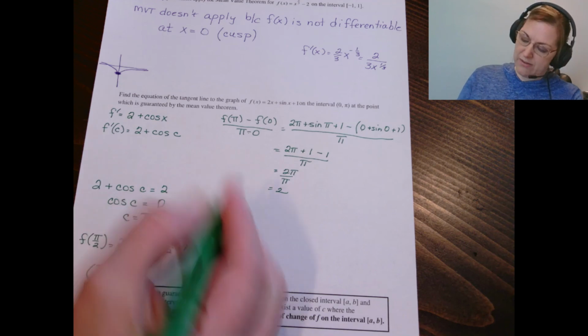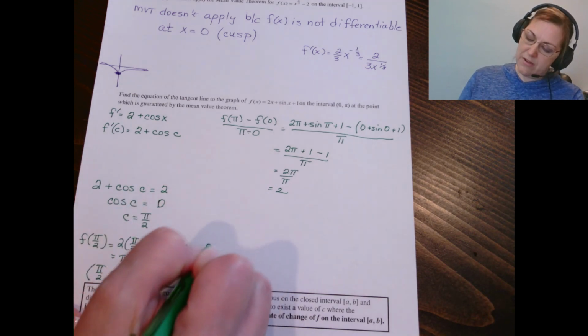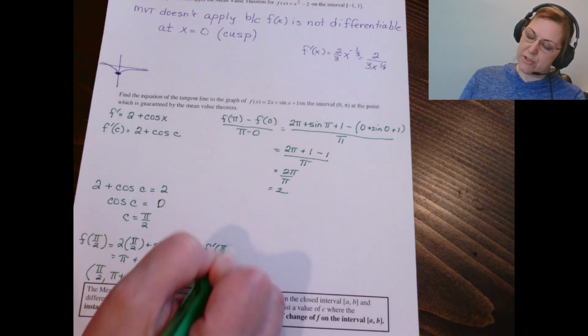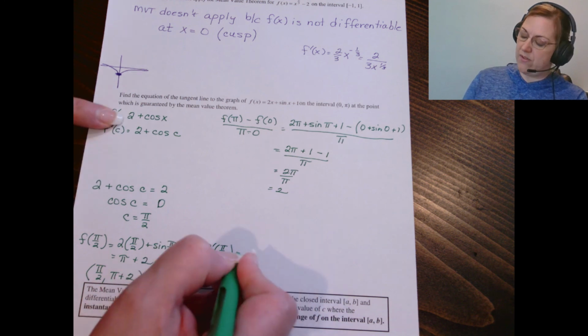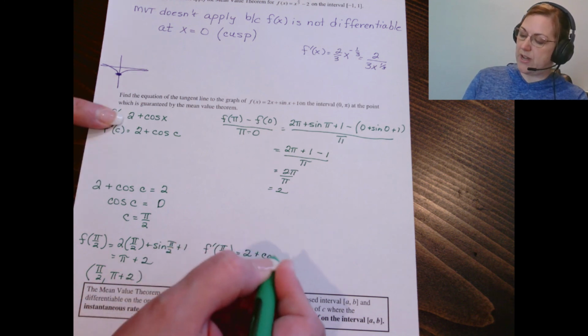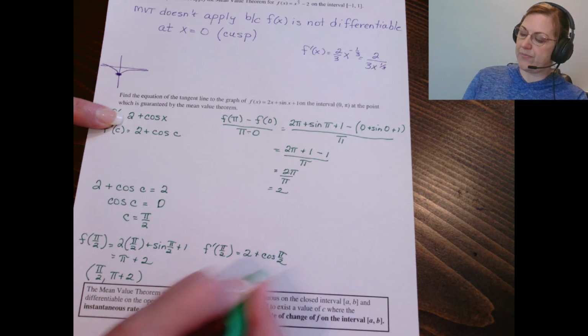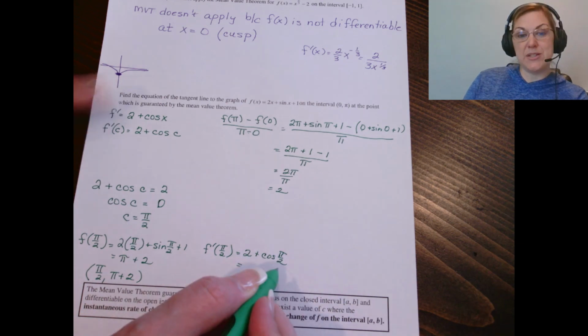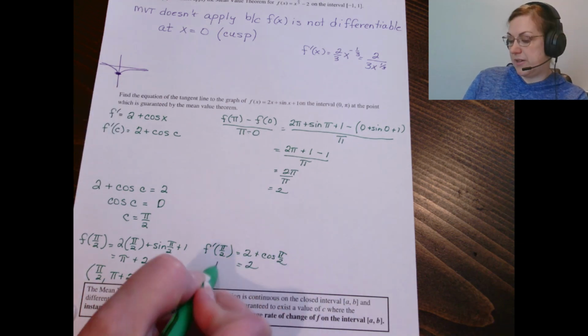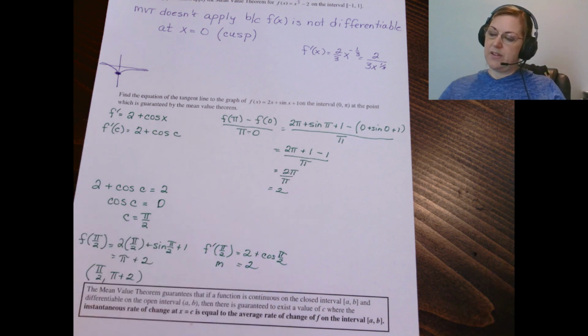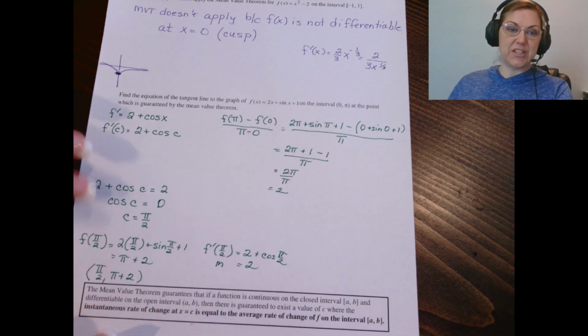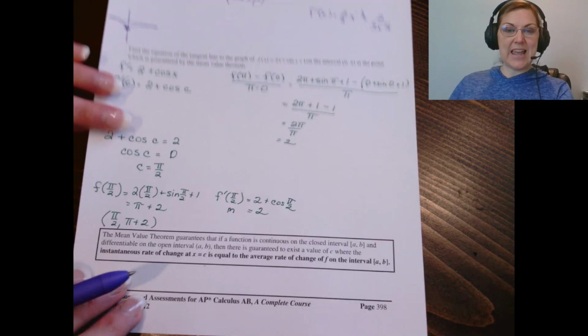Okay, now I need my derivative at this point because I need my slope. So I need my derivative at pi over 2. Now remember, we've already found the derivative: 2 plus cosine pi over 2. Cosine of pi over 2 is 0, so that gives me my slope is 2. So let's write our tangent line. It's not going to be pretty.